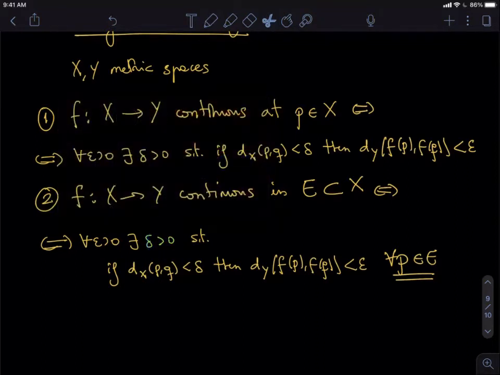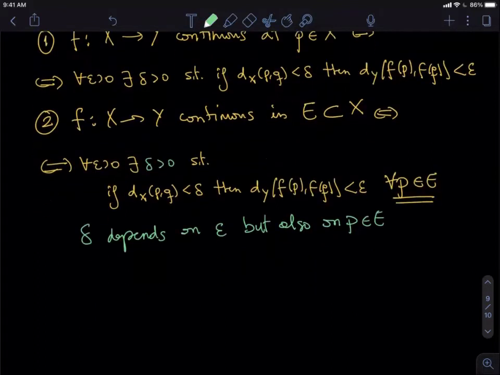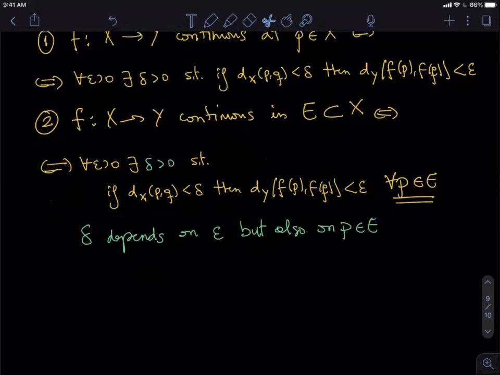Okay, this delta depends on, of course, it depends on epsilon, but also on P. Okay, so that is what the uniform continuity is all about. Let me explain.